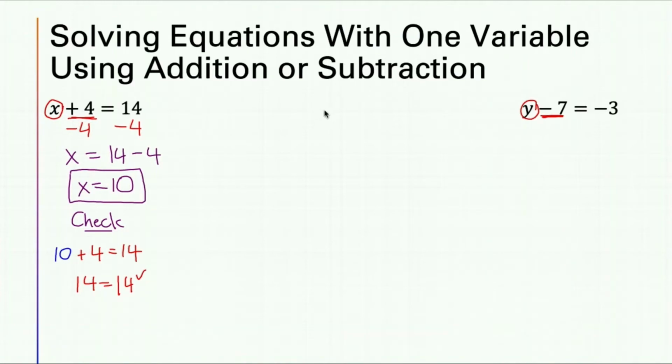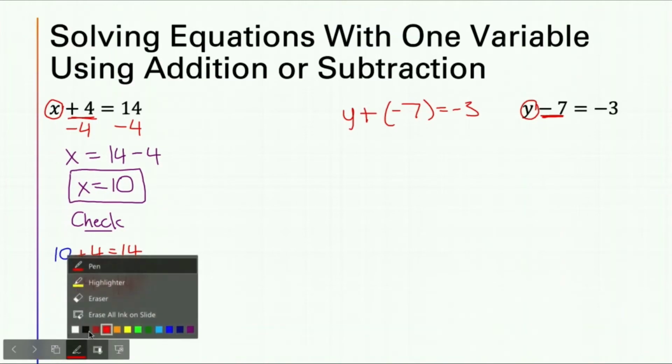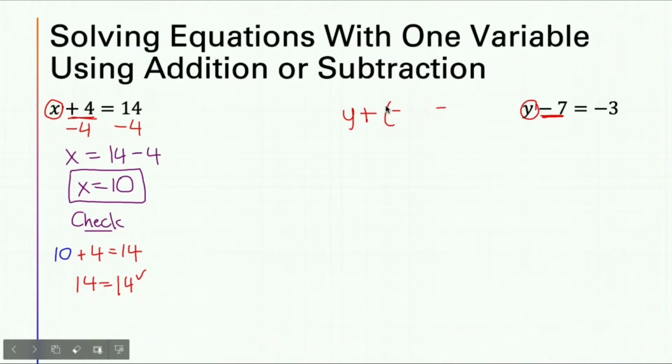Because if you try to do y plus negative 7 is equal to negative 3, yeah, you can do it, but it's going to be a lot more complex than needed. So let's erase that. Okay, let's go back to this.